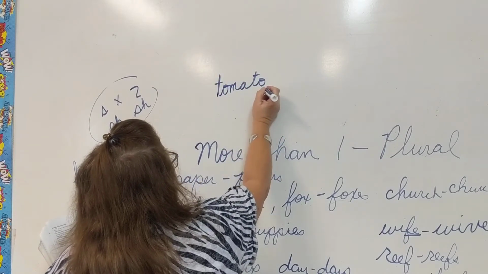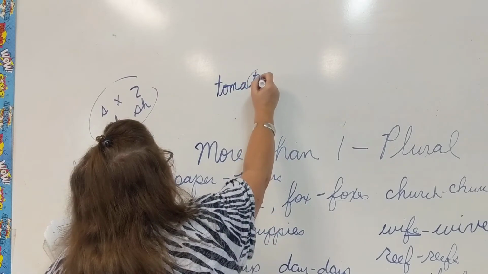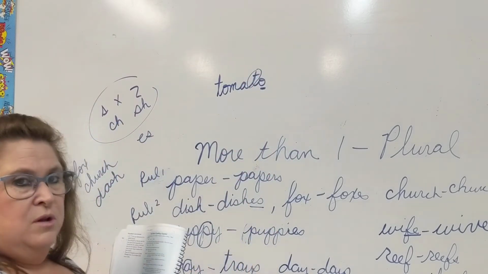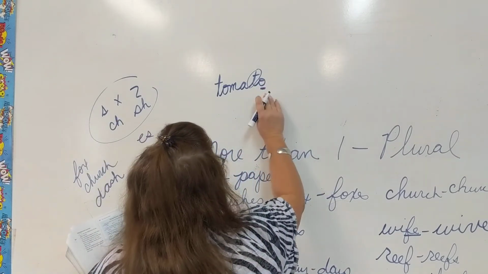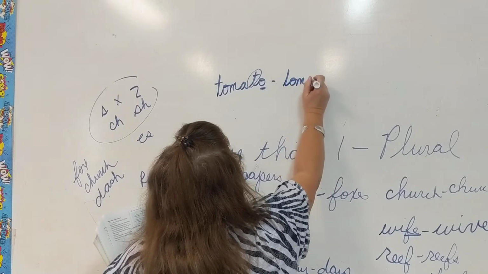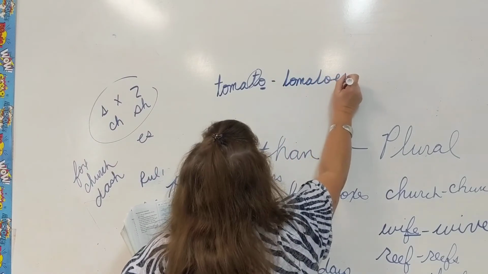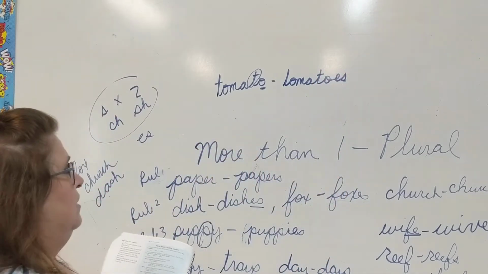Now, my noun ends with O, and notice there is a consonant in front of my O. So to make this word ending in an O plural, I will add an ES, not just an S. Tomatoes, okay?